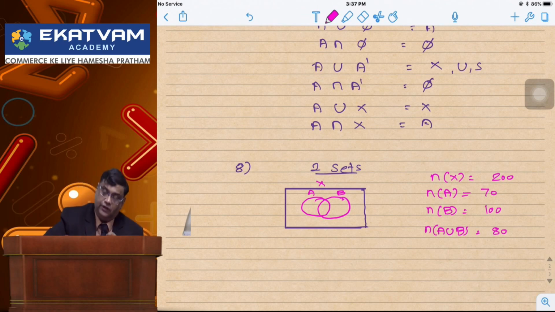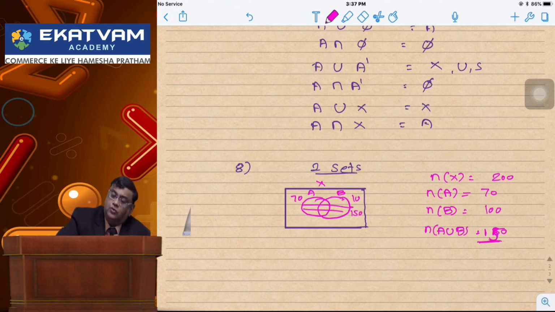Then my question is, tell me how many are in both. Just wait. Suppose I make it equal to 150. Now what does that mean? A has 70, B has 100, but A union B, all of them combined, is 150. So this whole space is 150.